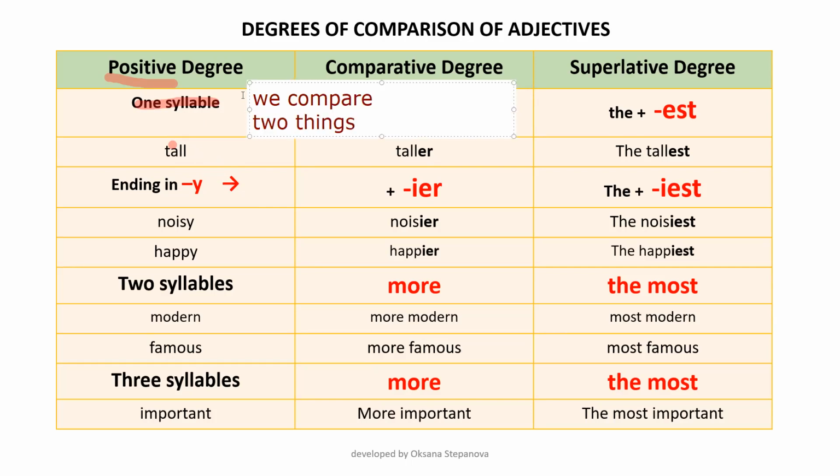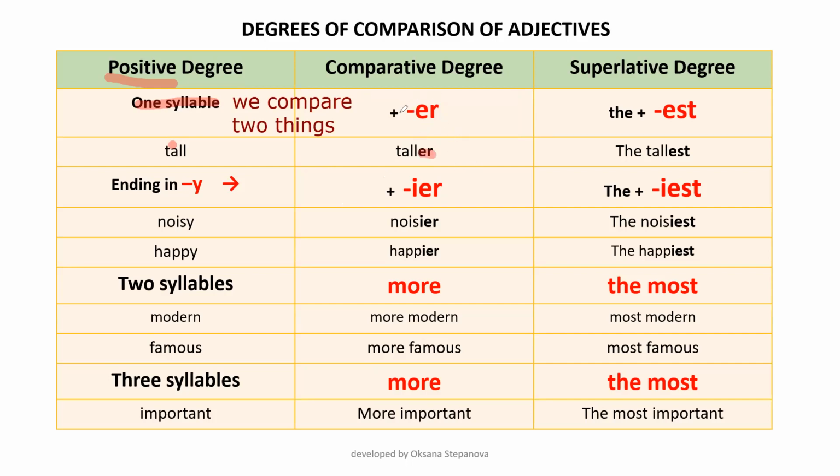No matter what those things are, people, objects, whatever. We're just comparing two things. For example, this boy is taller than that boy.